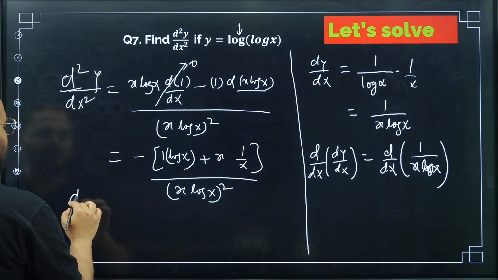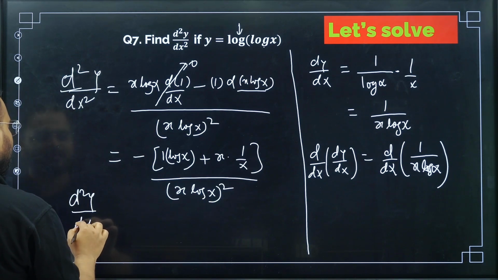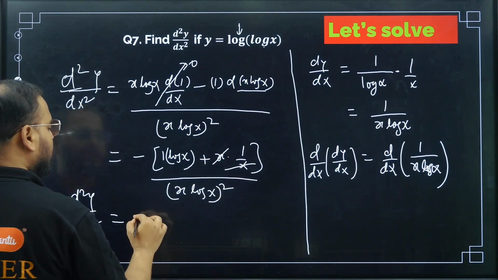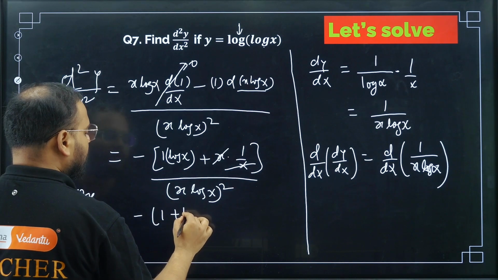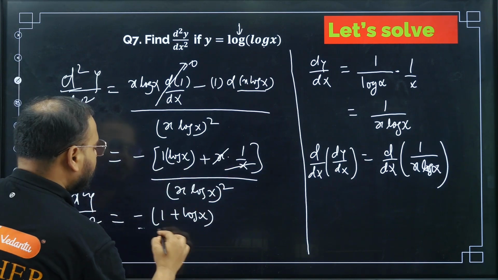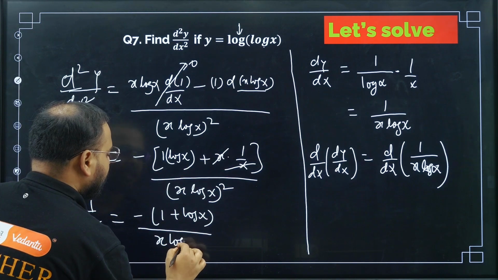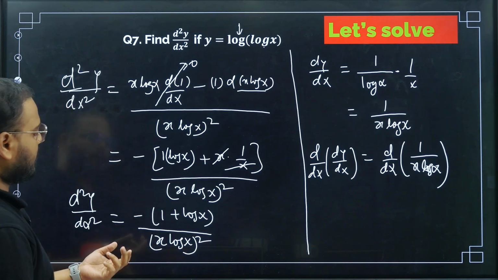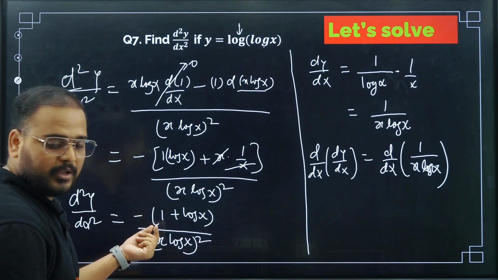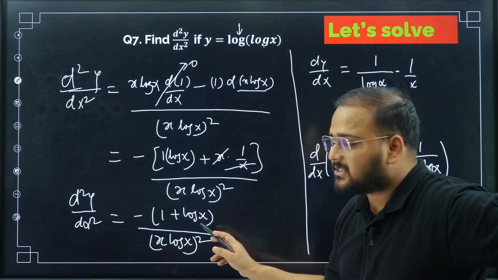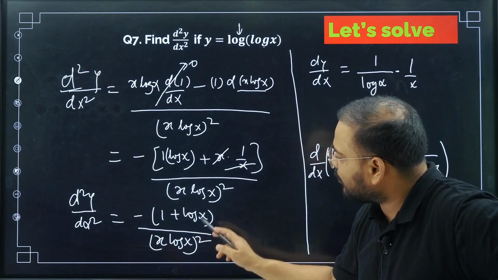What is my final answer? d square y upon dx square is nothing but, please see this, x and x go out. I have this as minus, 1 plus log x upon x log x the whole square.